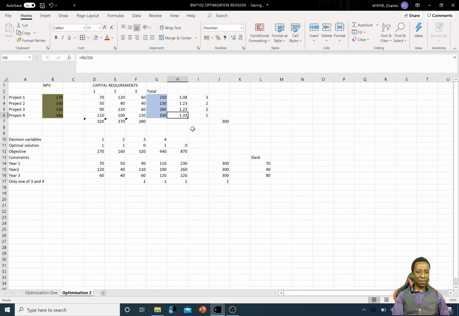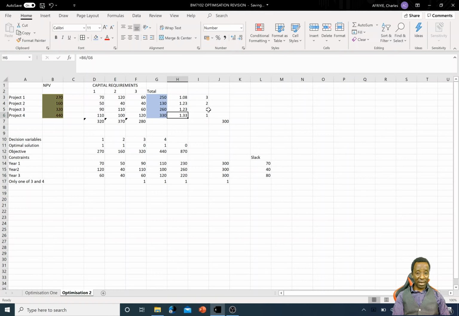And then we can rank them. If we put in a pound here, how much returns from there? We can rank them on this basis, because project 4 gives us 1.3 back, projects 2 and 3 both give us 1.23, and project 1 gives us 1.08.